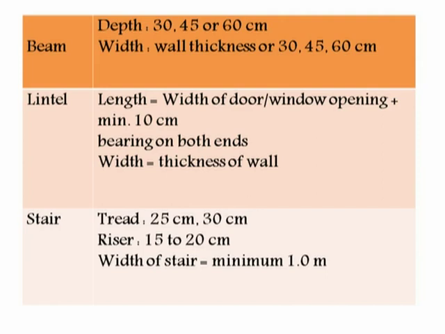Means the clear span of the width of the window or the door plus bearing on either side, minimum 10 centimeter, is provided. So normally the length will be equal to the total opening width plus 20 centimeter. Width will be the thickness of the wall. The lintel has a thickness that is equal to the thickness of the wall.